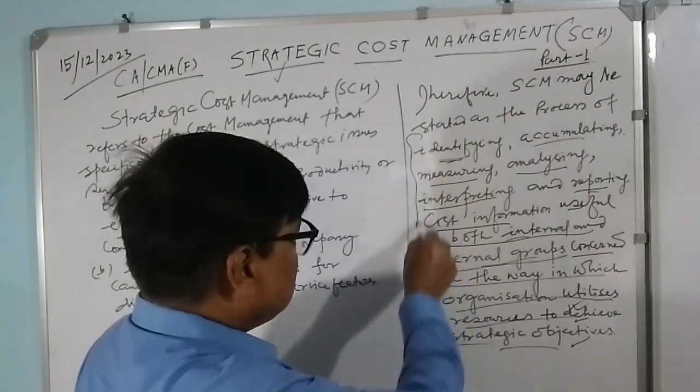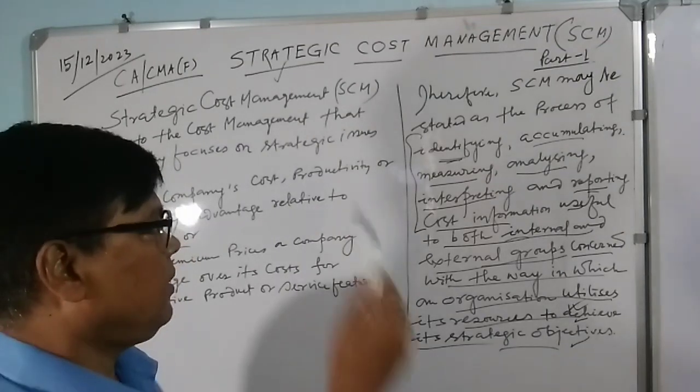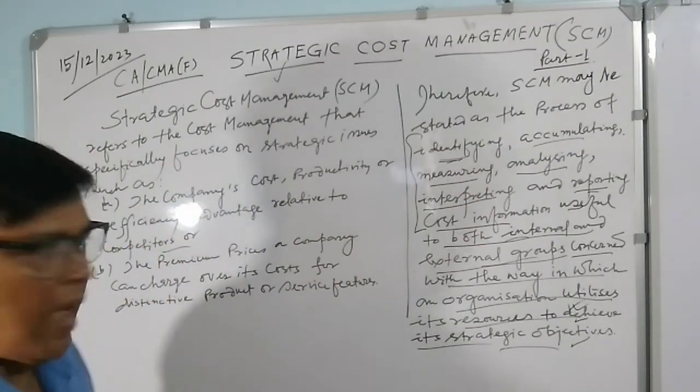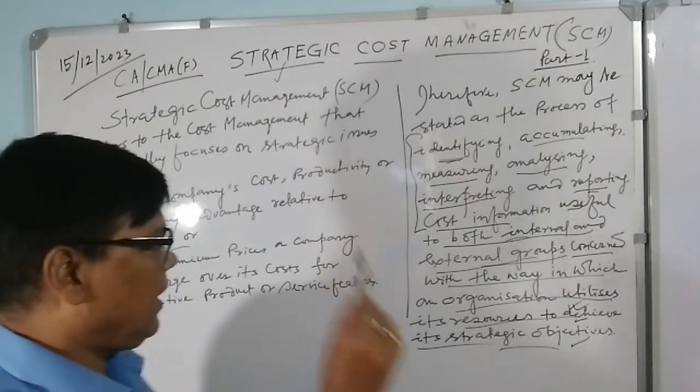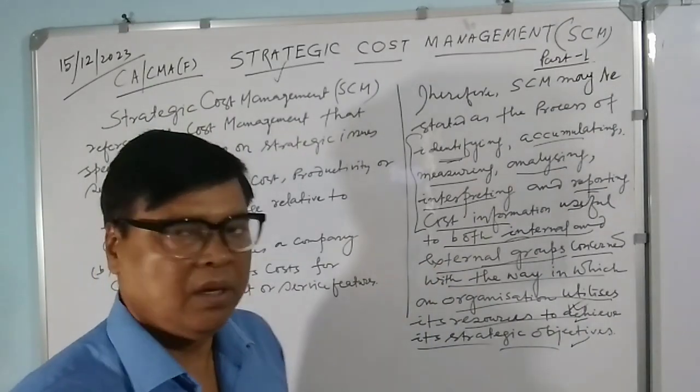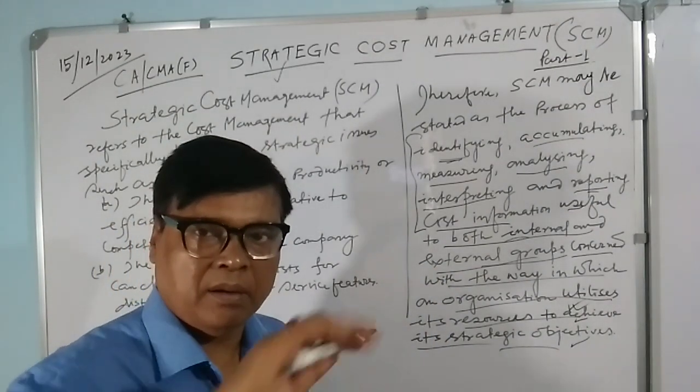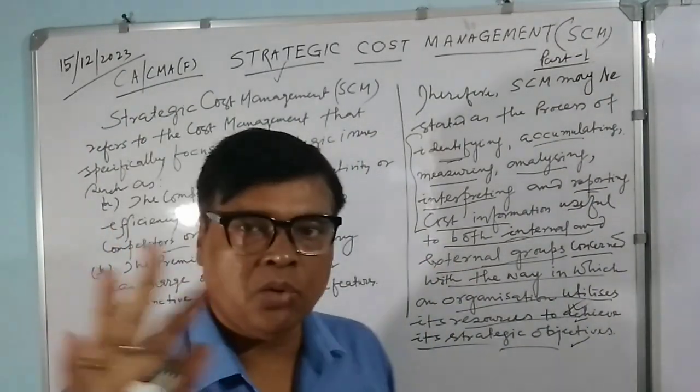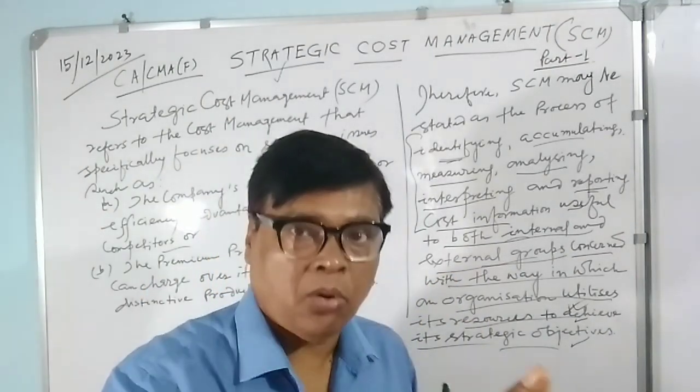So this is the sum total of your activities: identifying, accumulating, measuring, analyzing, interpreting, reporting. You see, so many functions you are to correlate and make compact.